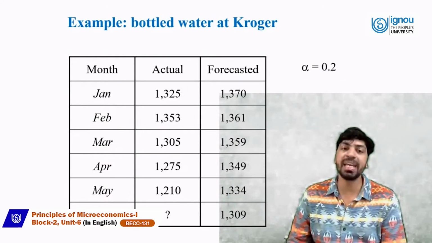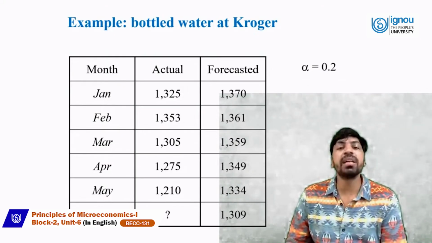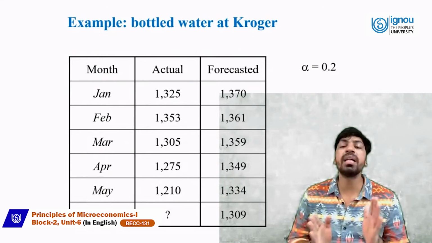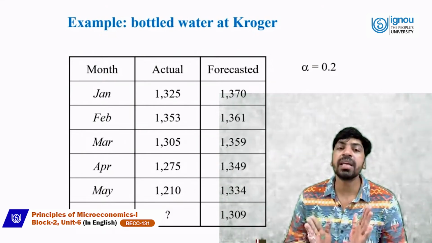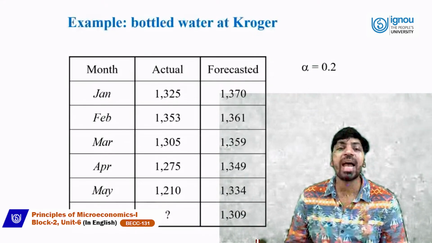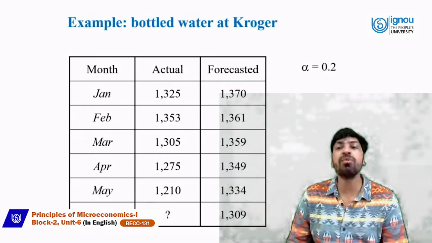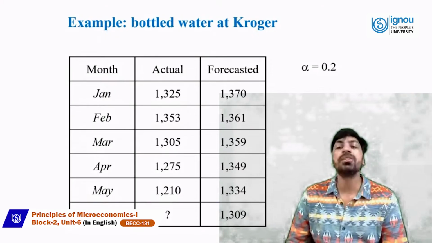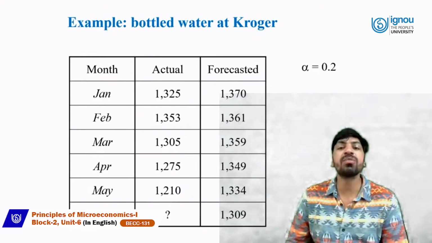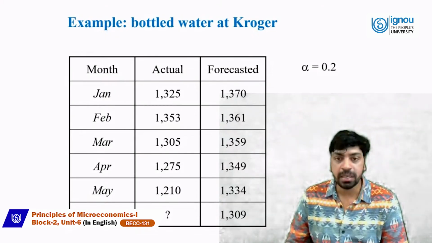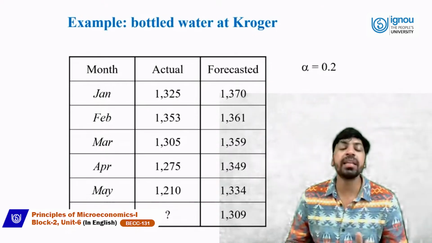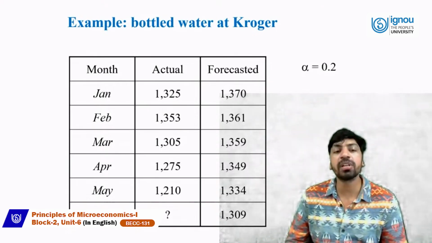So let's begin. In the month of January, the actual and forecasted values are given. Just subtract these two values, 1325 minus 1370, times 0.2. What value will you get? You will get the value 9. Then how do you calculate the forecast?